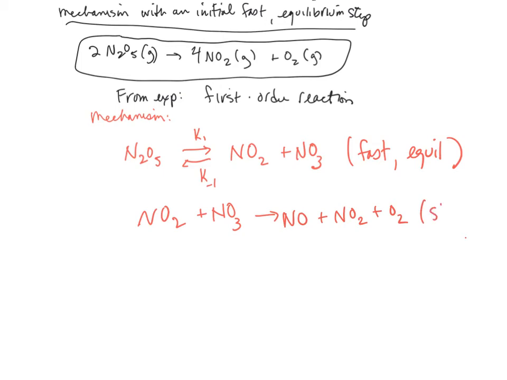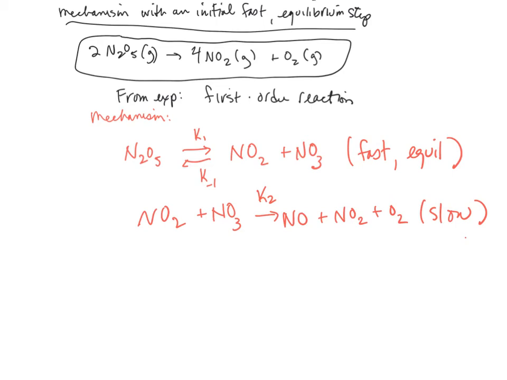This is a slow step that's characterized by rate constant K2. So that's our second step. Sometimes you see the equilibrium constants being maybe K1 and K2, then this one would be K3. Sometimes you see K forward and K reverse and then K2. So there's a couple different ways to do that.